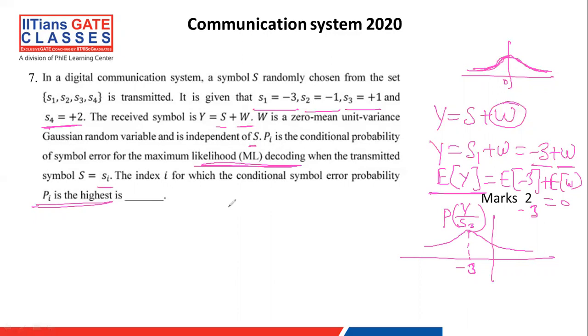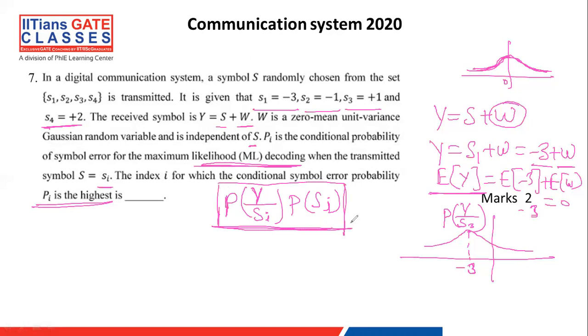Now, how do we decide the maximum likelihood? Maximum likelihood is given as P(y given Si) into P(Si). For the given y, whichever has the maximum value, we will decide in favor of that.